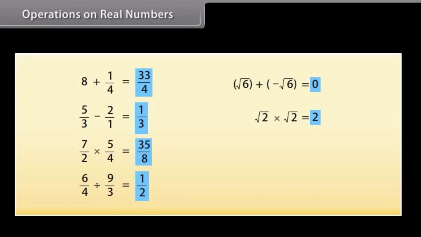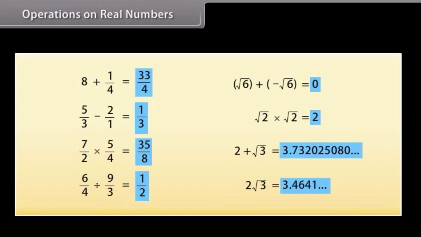Now think, what do we get if we add or multiply a rational number with an irrational number? The answer we get is an irrational number. Let us go through some examples now.